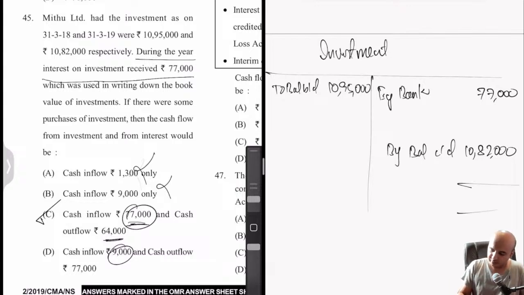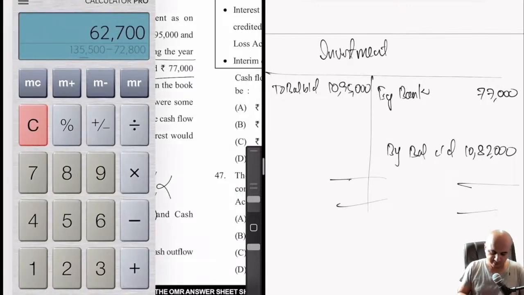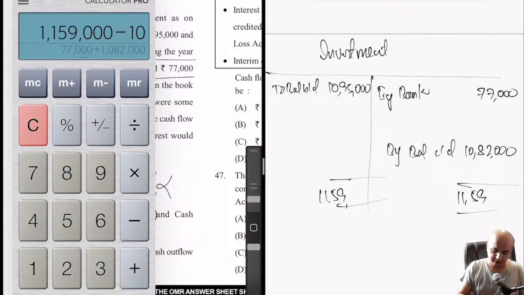Okay, so if you do the math, 77 plus 1082, 1159. From 1159 deduct 1095, 64,000 is the outflow.